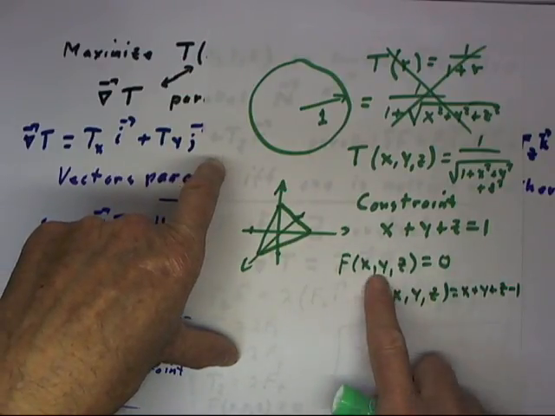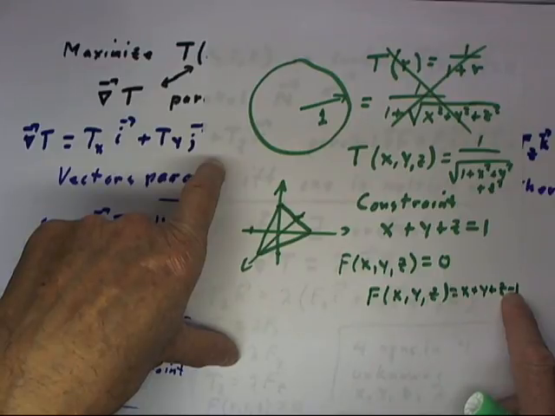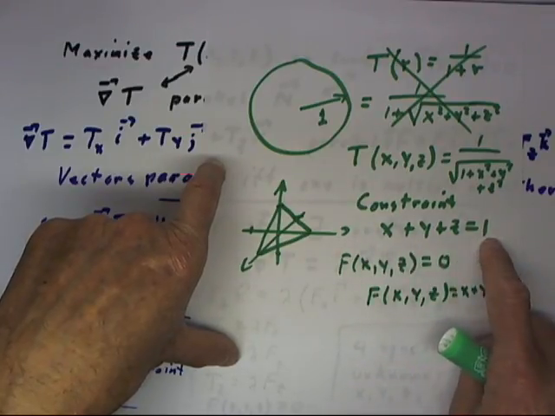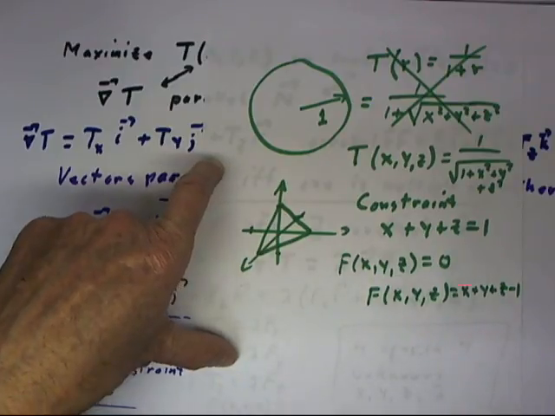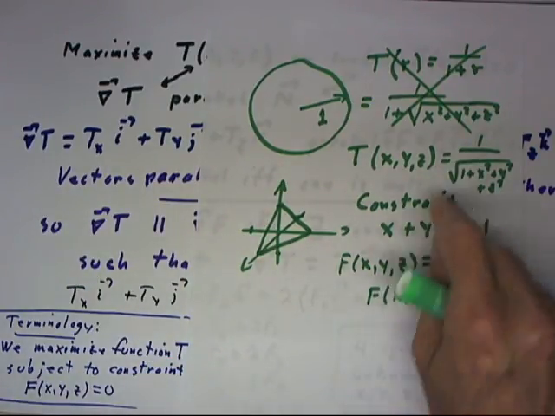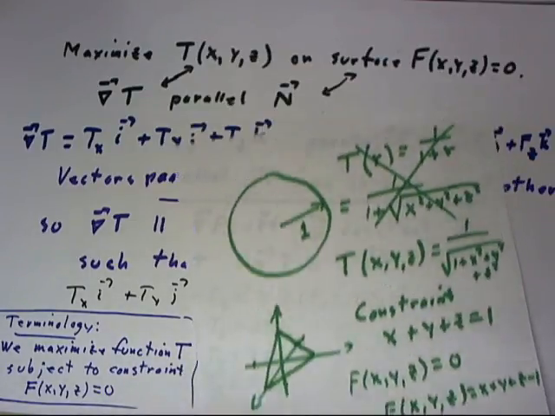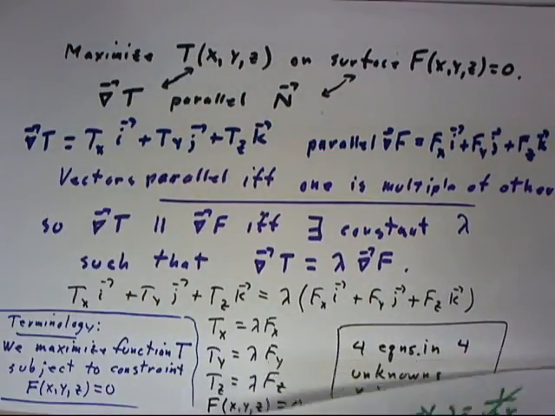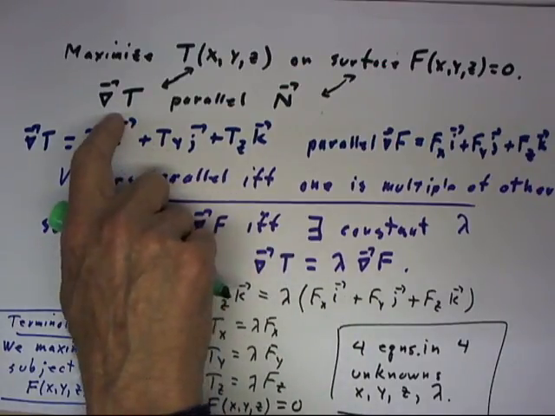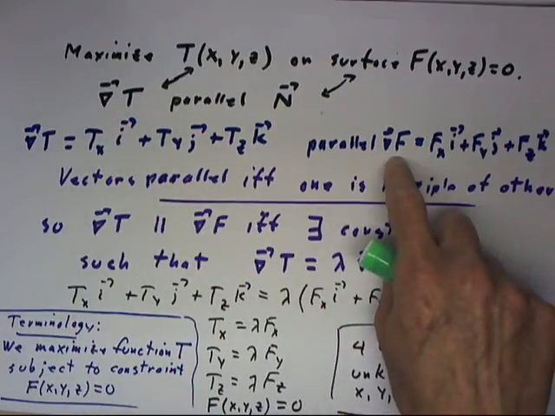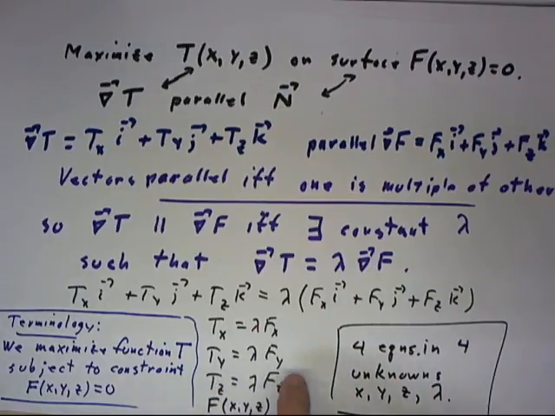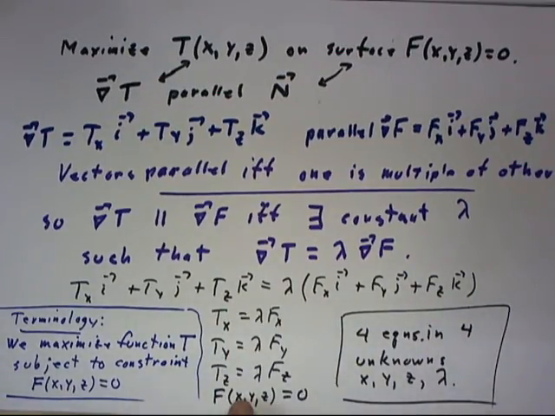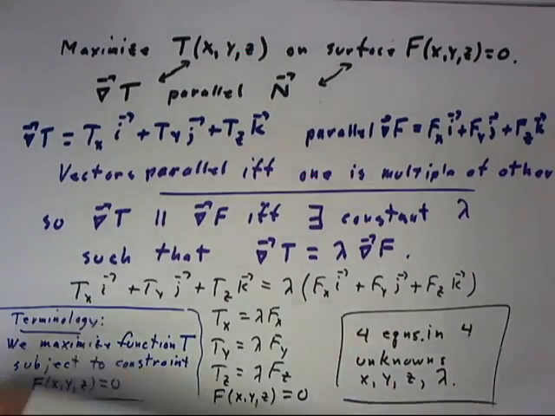The f of x, y, z equals 0 means x plus y plus z minus 1 is 0, meaning that x plus y plus z would be 1. So having put the problem into the terminology that we were using here, we see that this is going to occur when the gradient of the T function is parallel to the gradient of the f function. It's going to give us these equations, which we're going to try to solve for lambda and x, y, z, and our constraint function f of x, y, z equals 0, giving us 4 equations and 4 unknowns.